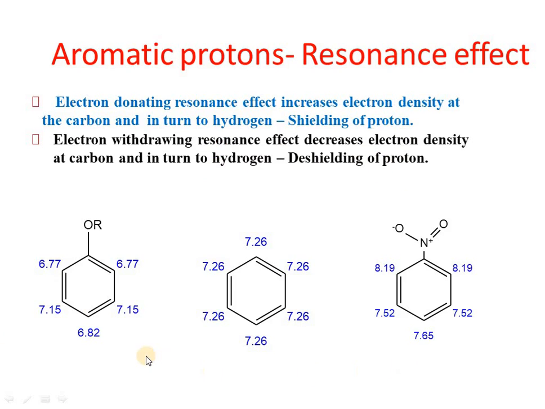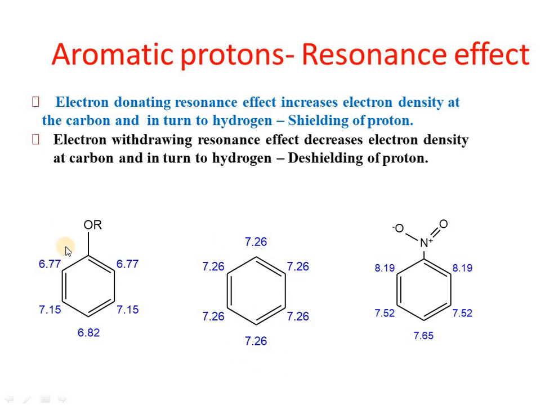If we just take up these examples, in the center it is a benzene, in this no electron withdrawing or releasing group is attached, so all the protons will show signal at 7.26 ppm.